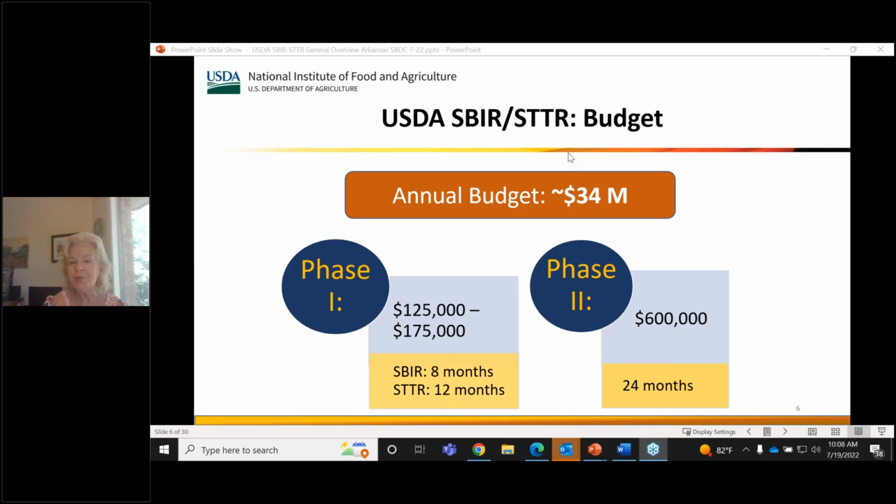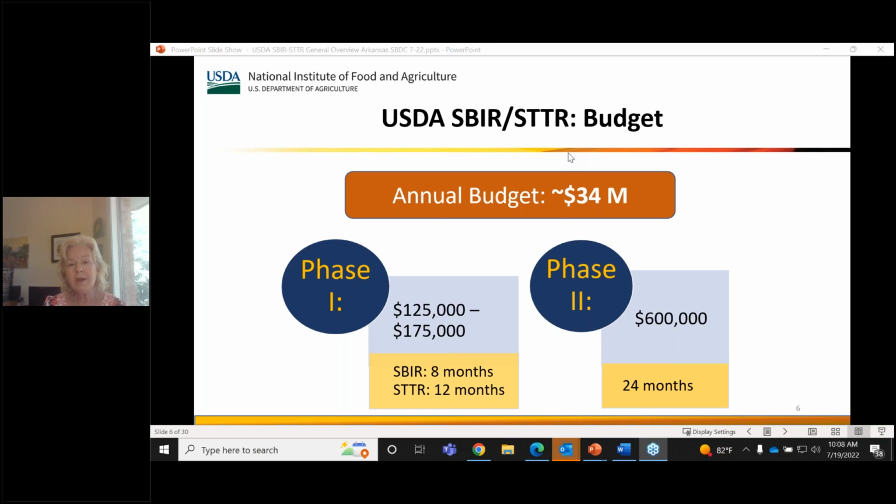So in FY23, we will be including STTR in our SBIR RFA, so it'll be a combined RFA. We're expecting it out anytime, hopefully this week, but we're pretty certain it'll be by the end of July. And so given the STTR addition, even though it's small, it does bump our annual budget up to $34 million.